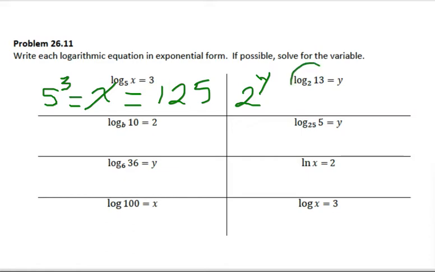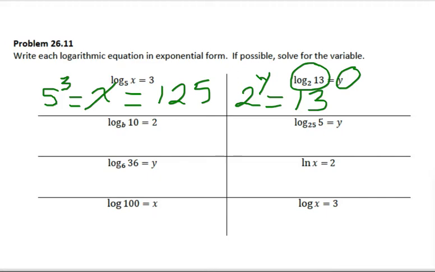So y equals this log expression, which means y is the exponent. So it's going to go on top of 2, and we will have 13 on the other side of the equation. Without a calculator, we won't be able to solve for this variable.